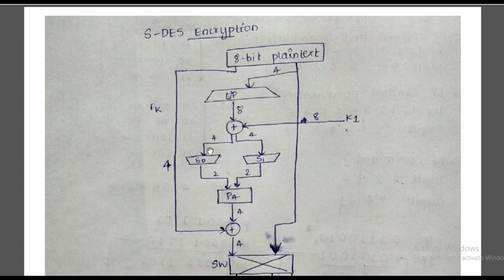Once again we'll divide this into 4 bits each, and this is called S0 and this is called S1. Now what you need to remember is you need to convert these 4 bits into 2 bits each. We'll check how to do that, and after converting it into 2 bits we have to give it to P4.